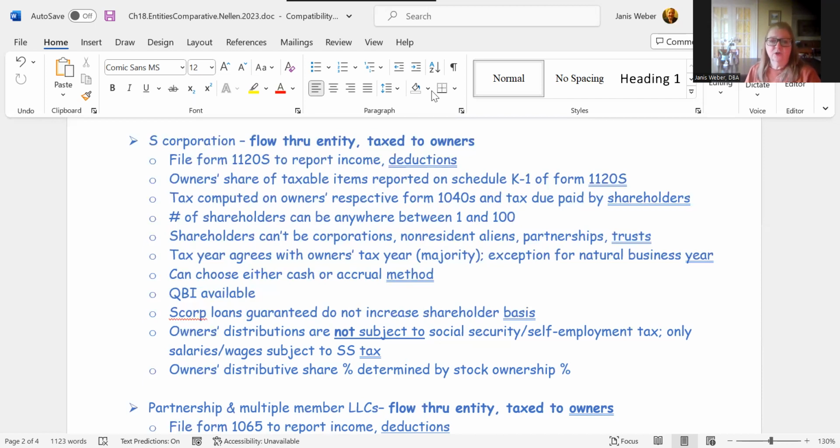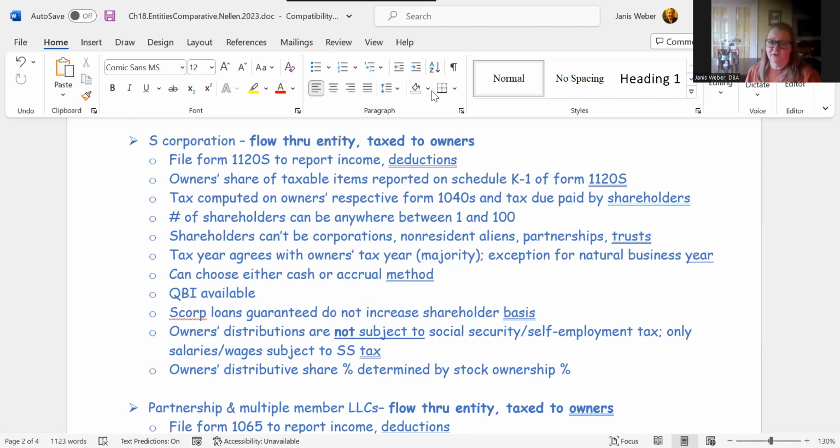The exception to this owner's year would be if you had a natural business year that was clearly indicative that it would be better and more accurate to report on a fiscal year. So this would be like if you're a Christmas store, you can't really argue for a natural business year that's different from December 31st, right? Or if you're any retail that relies heavily on your Christmas season, same thing.